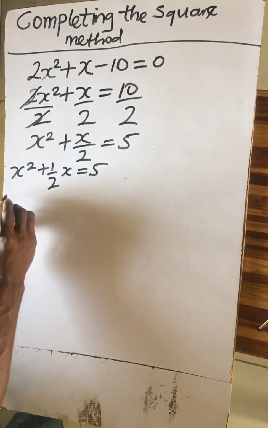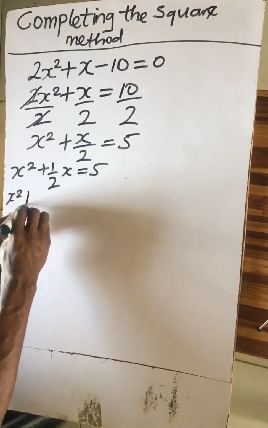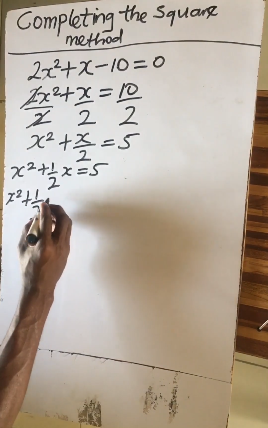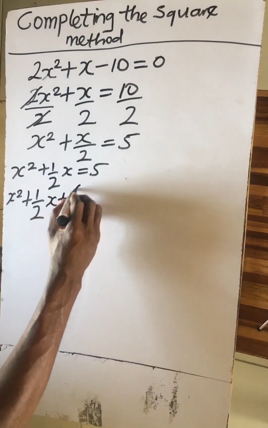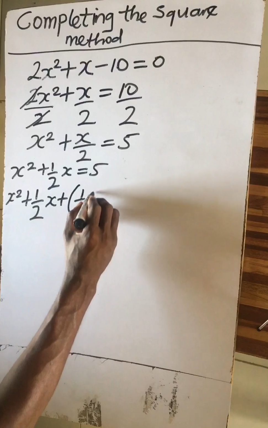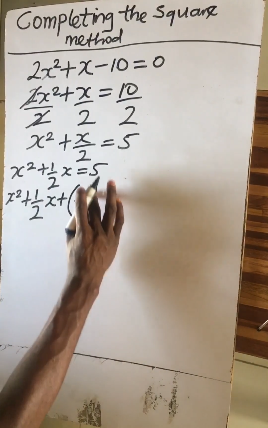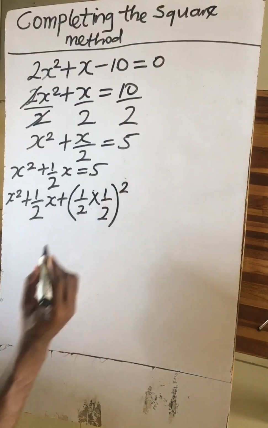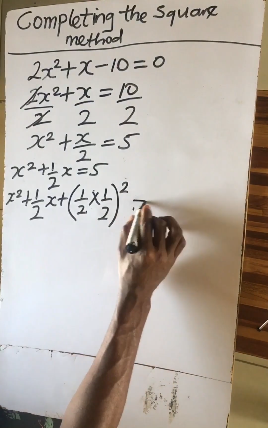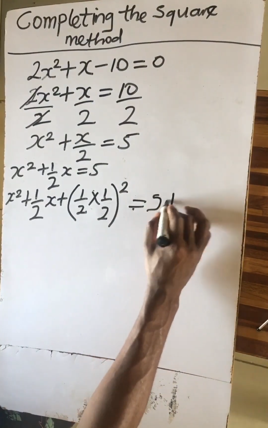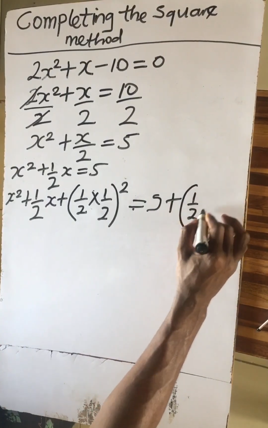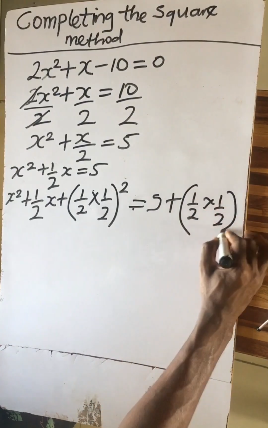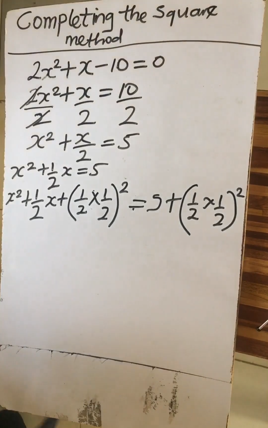Then we have x squared plus 1 all over 2 x plus bracket 1 all over 2 multiplied by 1 all over 2, squared. Then we do the same to the other side, equal to 5 plus bracket 1 all over 2 multiplied by 1 all over 2, then the square.